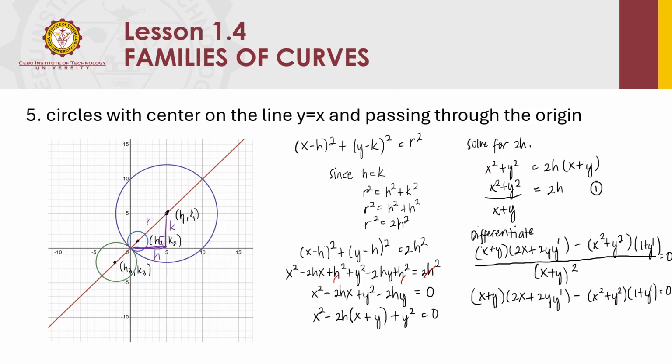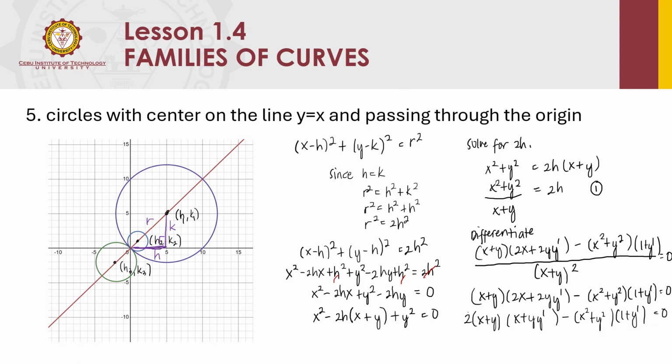We're going to factor out completely. There's a common 2 here, so 2 times (x plus y) times (x plus y prime). And for the second term, (x squared plus y squared) times (1 plus y prime). Let's not remove the grouping symbols; let's have this as our final answer.